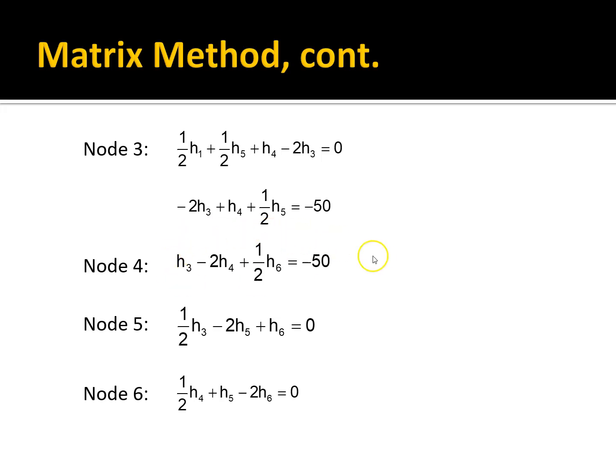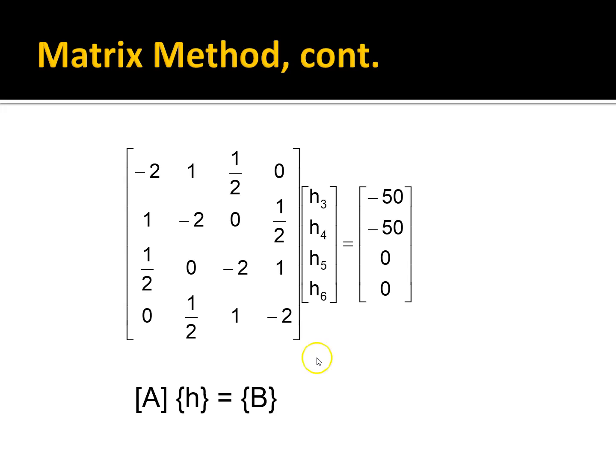That's this equation. And so forth. Each of these equations is now represented in a matrix form, which can be written as A times H equals B, where A is these numbers over here, purely simple coefficients, and these are the heads we're solving for, and on the right we have a vector of constants.